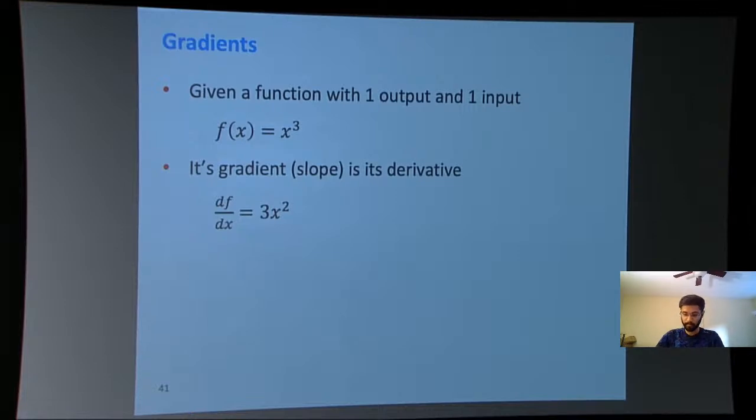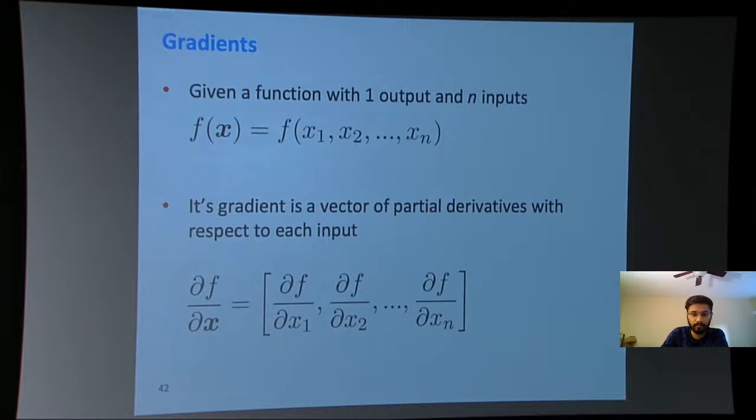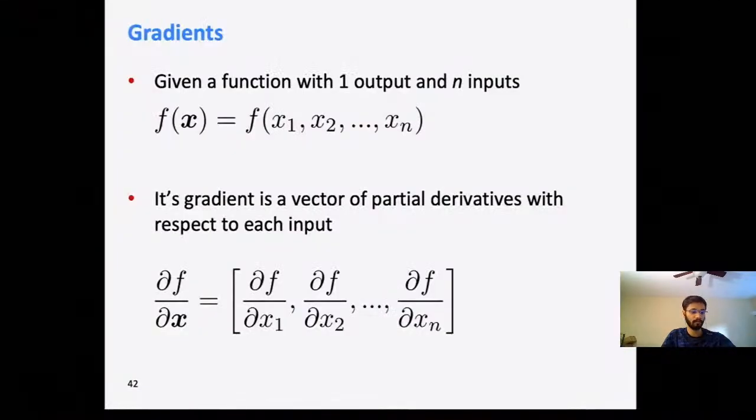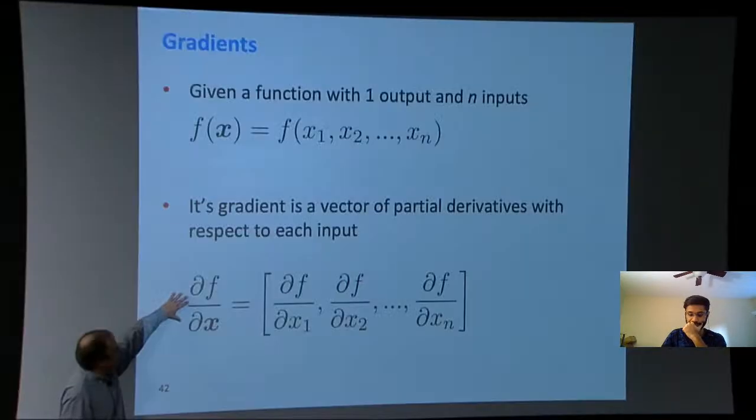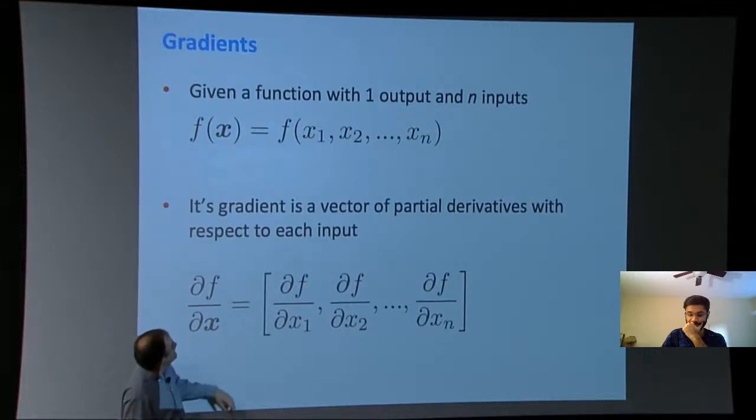Okay, so what if we have a function with one output, but now it has many inputs, like the function that was the dot products, where we're doing u transpose v or w transpose x to calculate a value? Then what we calculate is a gradient, which is a vector of partial derivatives with respect to each input.